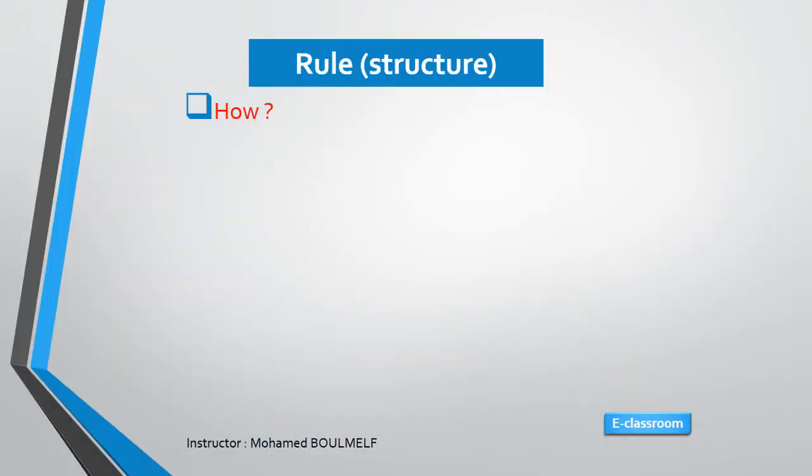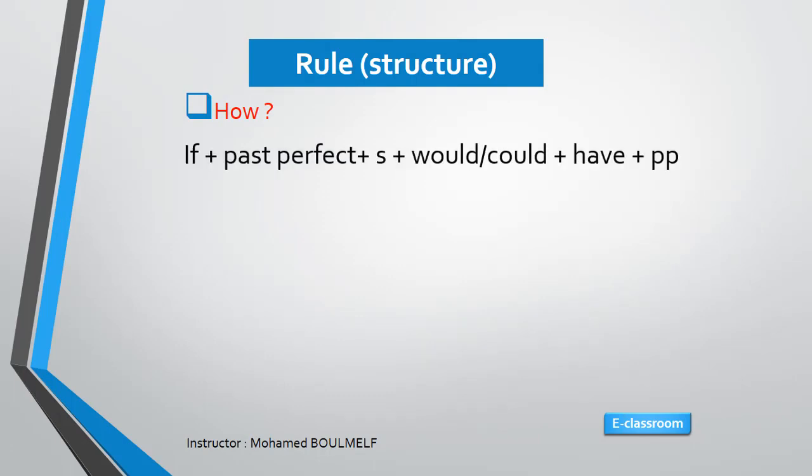The rule. Now how can we form the conditional type 3? In fact, we have if plus past perfect plus another subject plus would or could plus have plus past participle. This form or rule seems very long, but we are going to get it easy with practice and more demonstrations, guys.